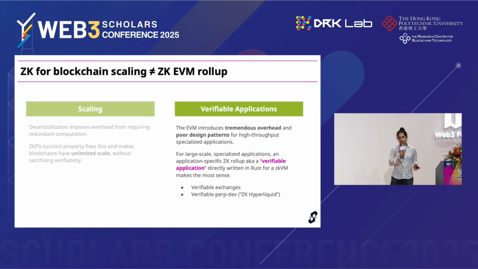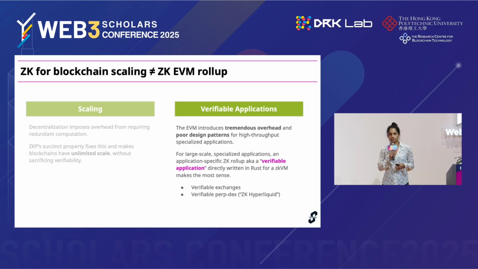And then the final piece I want to talk about for ZK for blockchain scaling is that just because we're doing ZK rollups doesn't mean they're ZK EVMs. A lot of the use cases these days for ZK rollups, especially on Ethereum, is taking the Ethereum virtual machine and wrapping it in ZK. But actually, the EVM itself has a lot of overhead and poor design patterns for high throughput specialized applications.